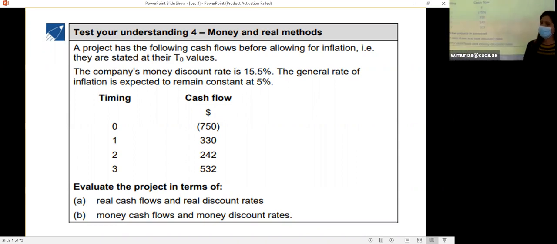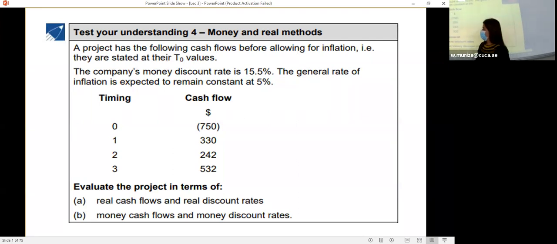So I told you the formula, that is 1 plus I is equal to 1 plus R into 1 plus H. Do you remember? Over there, I is the money rate of capital, money rate of interest, H is the rate of inflation, and R is the real rate of interest without the incorporation of inflation in it.